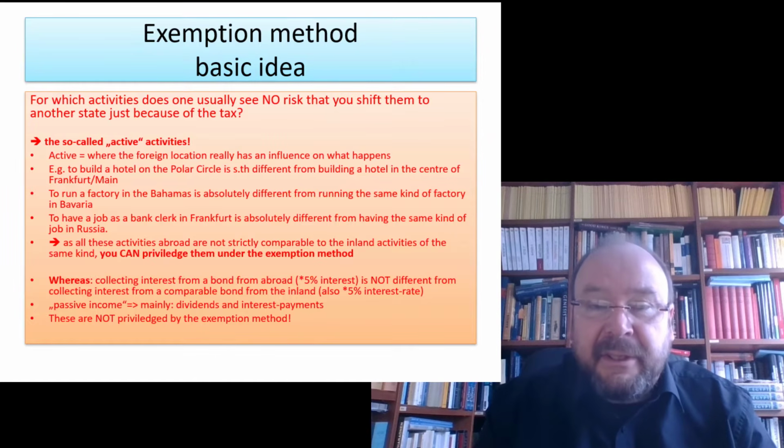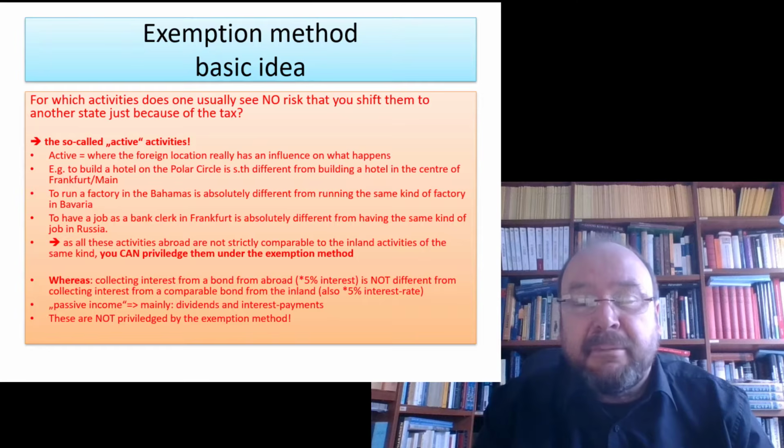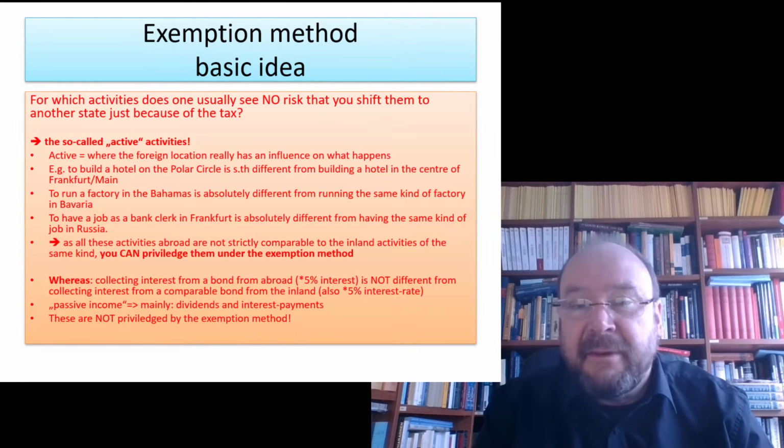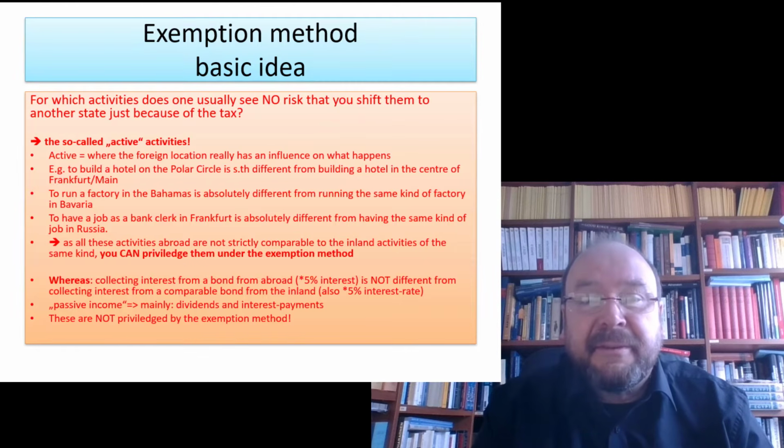To run a factory somewhere in the Bahamas is completely different from running the same kind of factory in the outskirts of Munich in Bavaria. Completely different conditions, not only the tax rate is different. And indeed, you will see that although the Bahamas nearly have no tax, more firms prefer to set up factories in Bavaria.